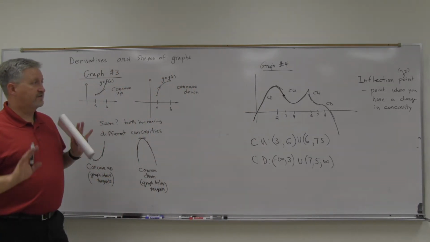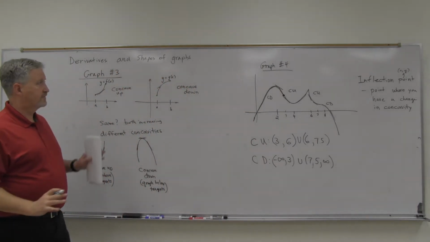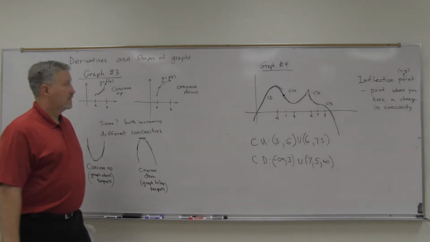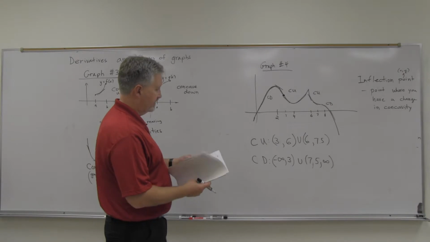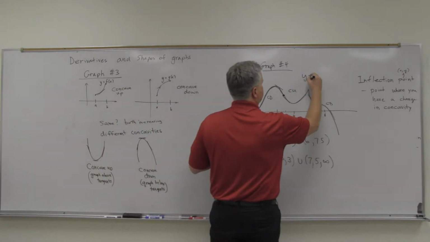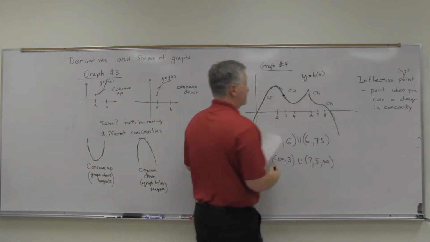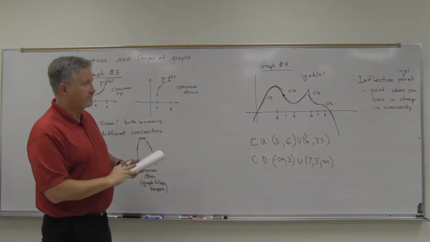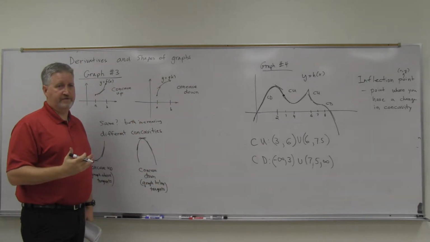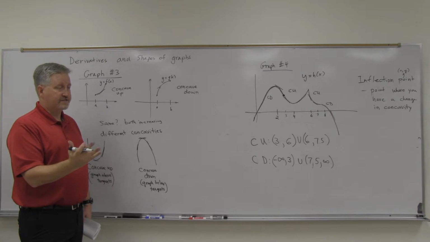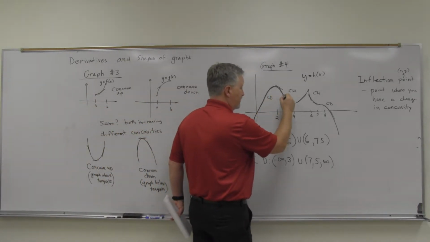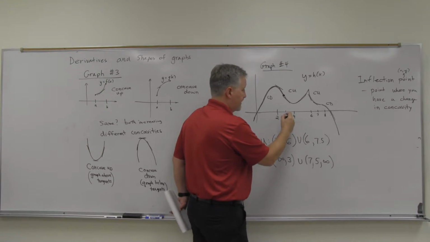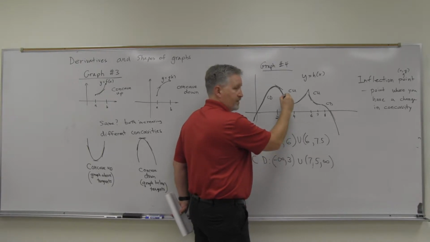So do I have any inflection points here on graph number 4? Yes, I do. Then I call this f of x, we've got to later, h of x. Okay? So I have a couple of inflection points here because I have where it changes concavity. It changed concavity right here at 3, didn't it? So that's an inflection point. That point right there would be an inflection point.